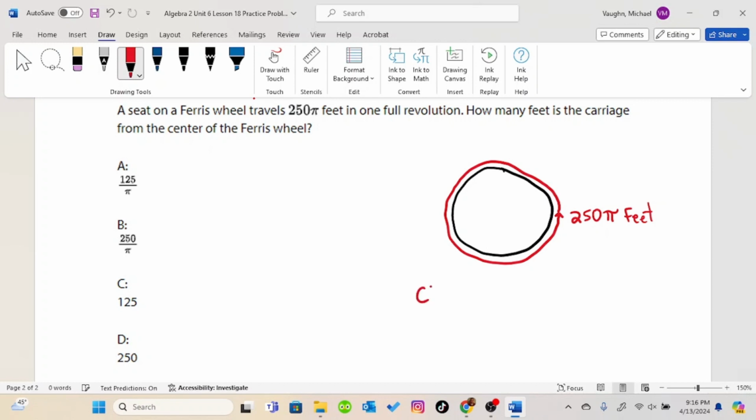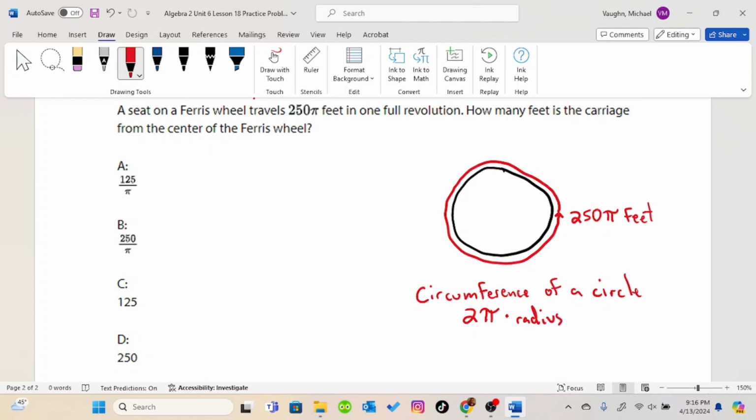Well, the circumference of a circle is 2 pi times the radius.